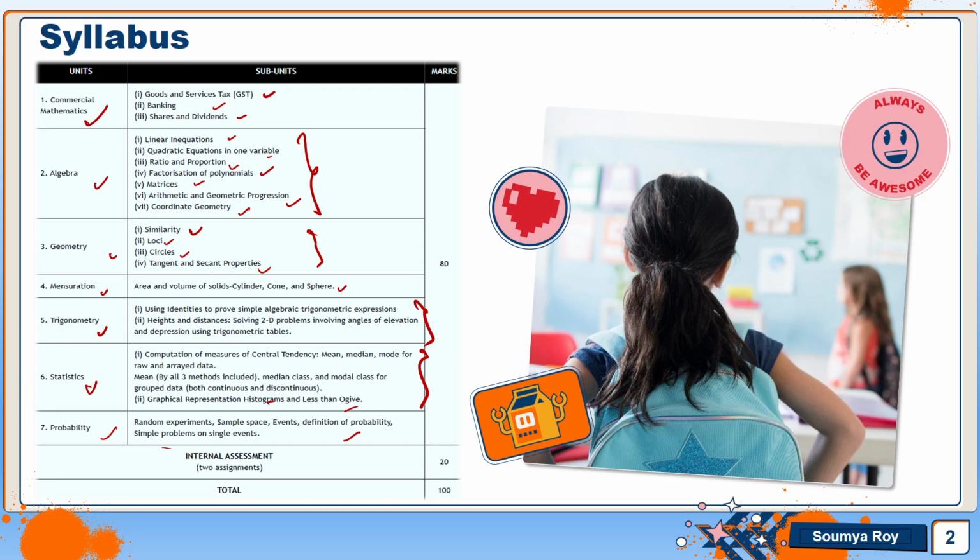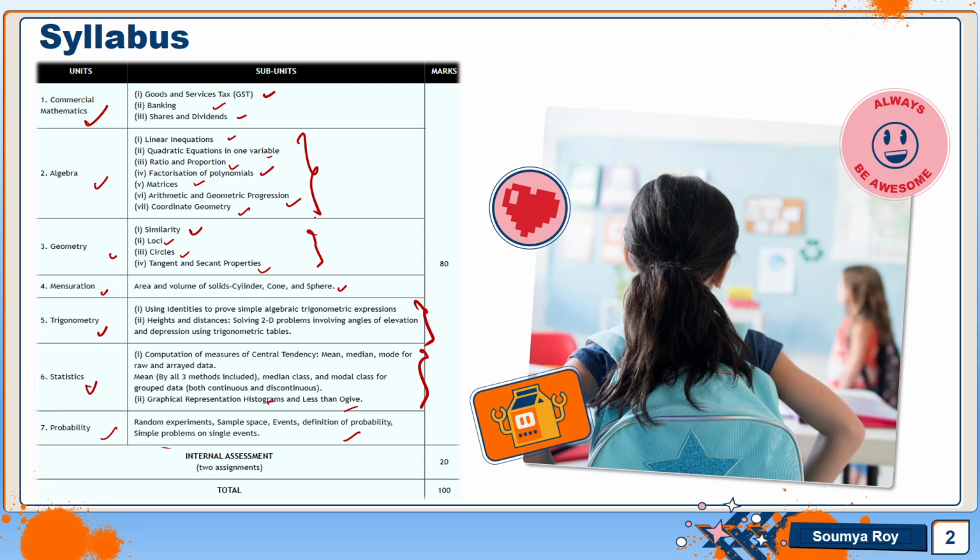So I guess they give these two assignments only in mathematics, and they offer good marks to the students unless it's a very difficult situation. Around 18, 19 or 20 marks they offer.